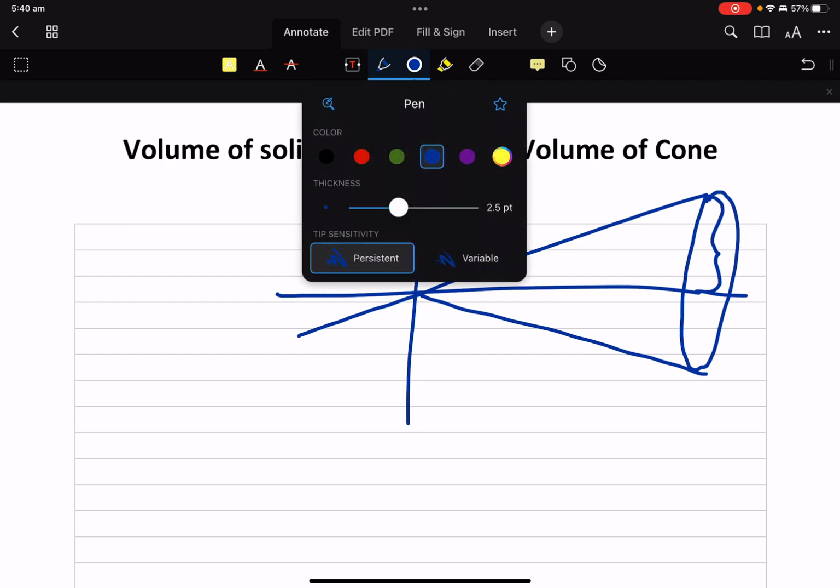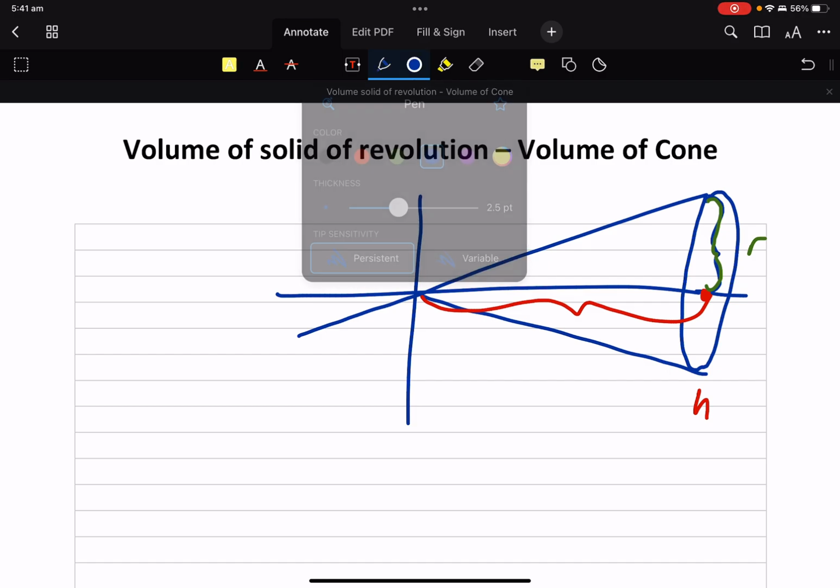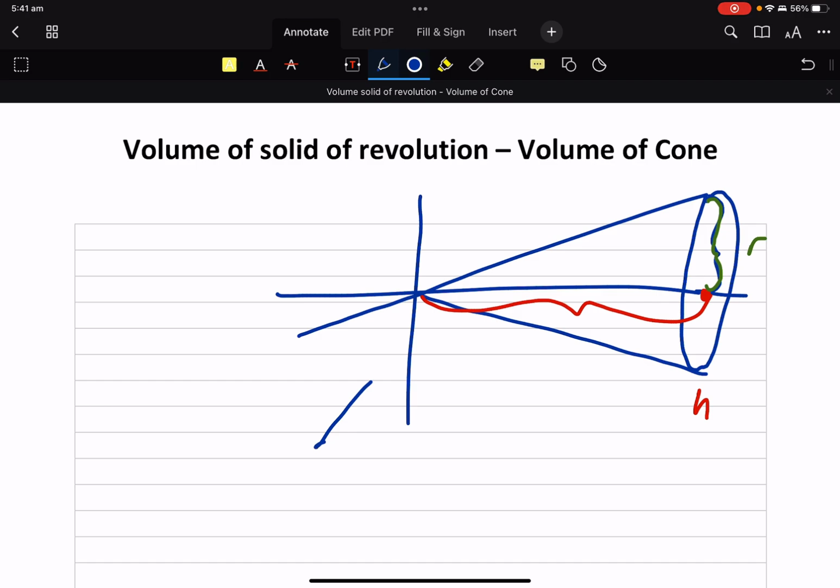So it sort of makes sense that to the base there, that's h for the height, and that's my r.